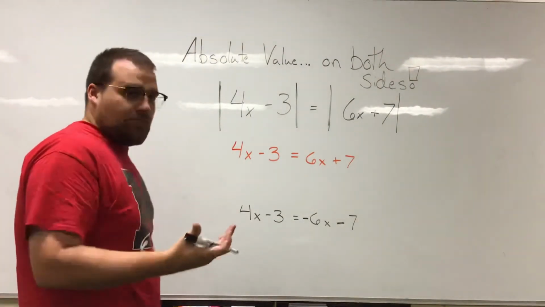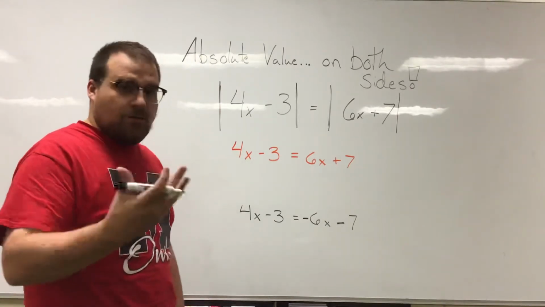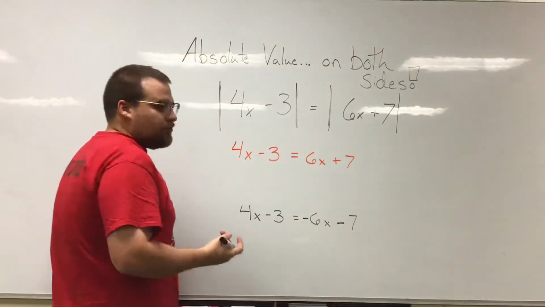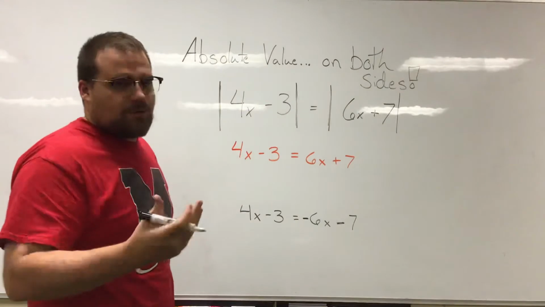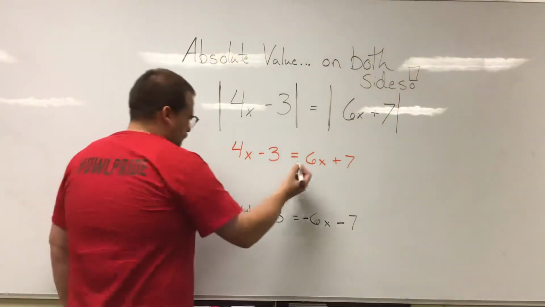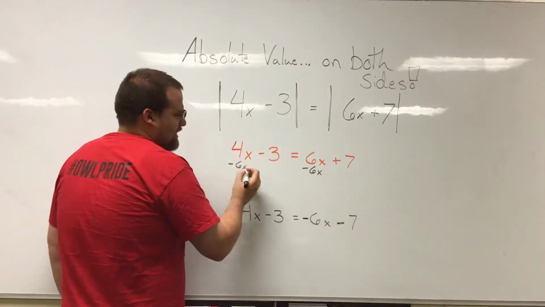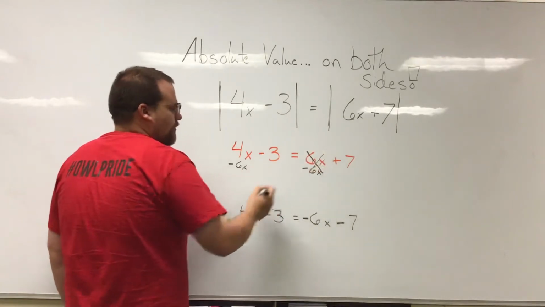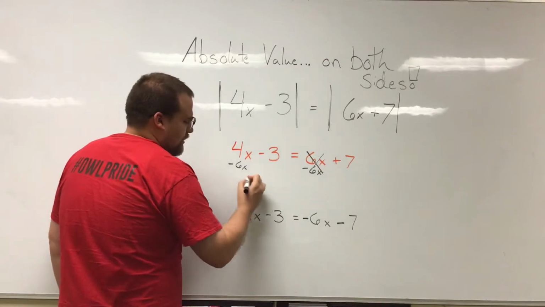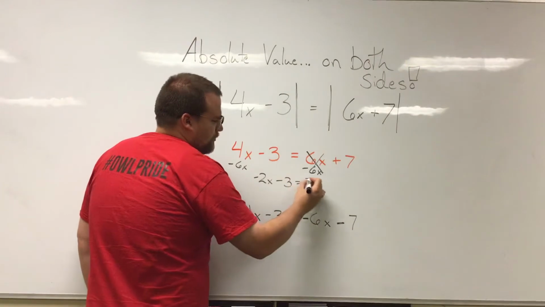And we're going to solve both of these just like we would an equation with variables on both sides. Recall that we always want to get our variables on one side and our whole numbers on the other. So I'll move my variables to the left-hand side. That's just my easiest way of looking at things. Get rid of those 6x's. 4x minus 6x is negative 2x. So negative 2x minus 3 equals 7.